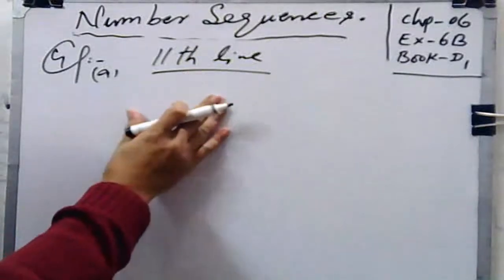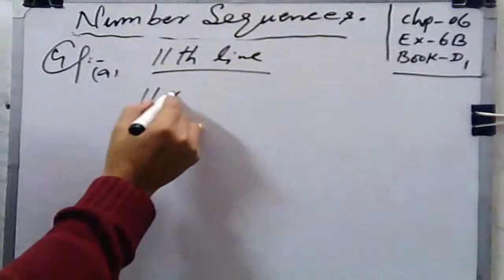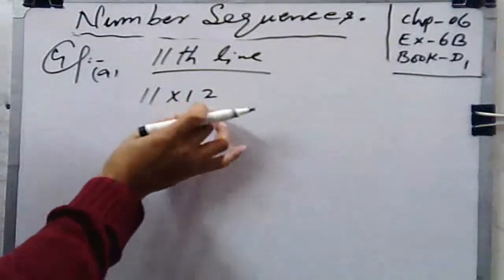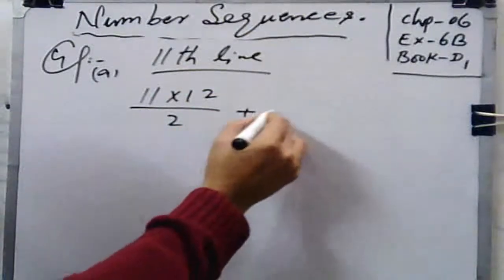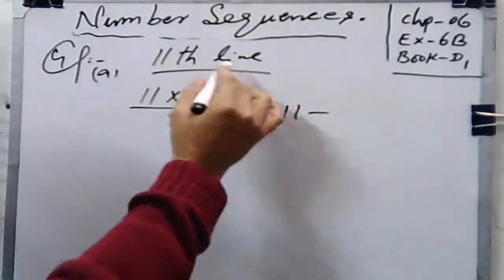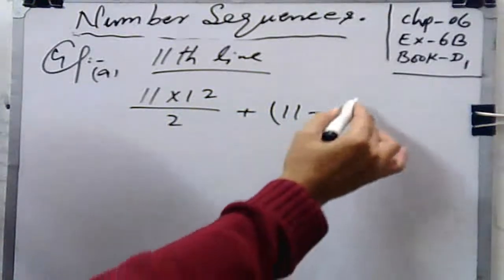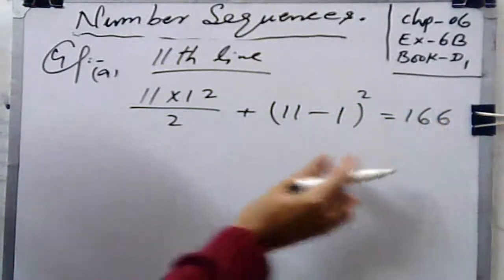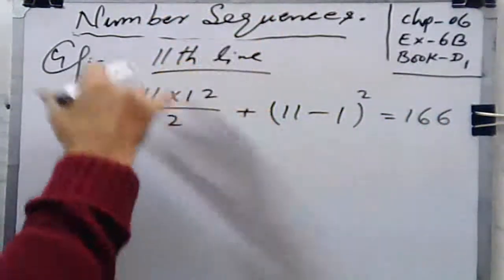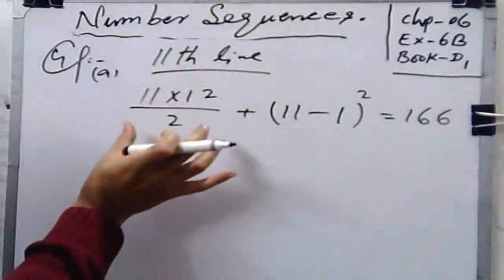You can see the pattern from the 10th line. So for the 11th line, 11 should be written first, multiplied by 12, the consecutive next one, divided by 2, plus 11 once again, because we are calculating the 11th line, minus 1. Because of the given pattern, we have seen the initial steps, and by the same methodology we repeat those steps for the 11th line.